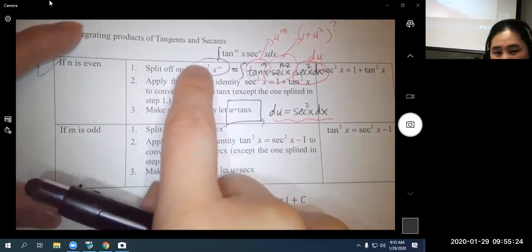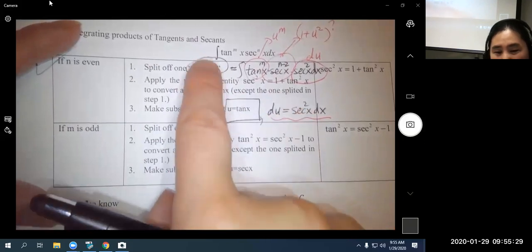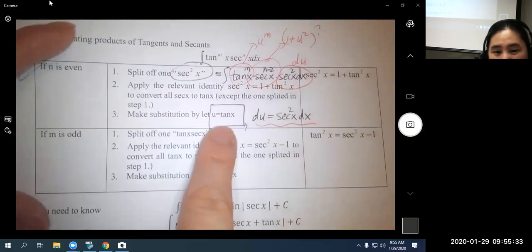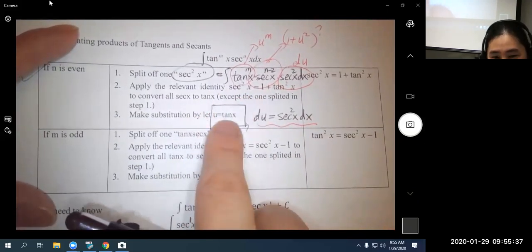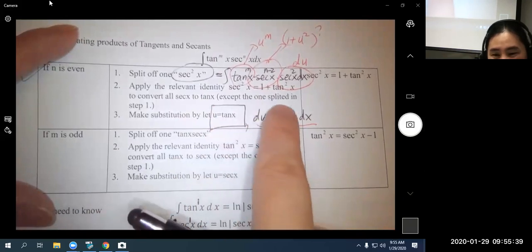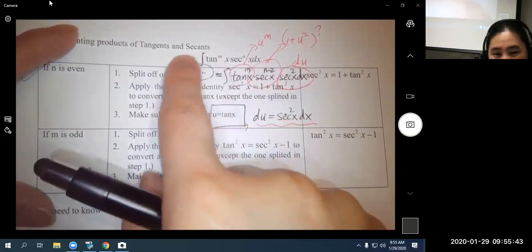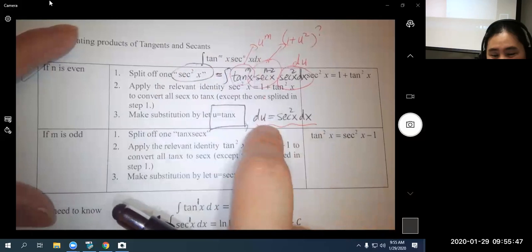Secant x squared dx is d of the tangent, so that's why we use substitution for tangent. Let u equal tangent, because du equals secant x squared dx. Split off one secant x squared together with dx, which gives us du.